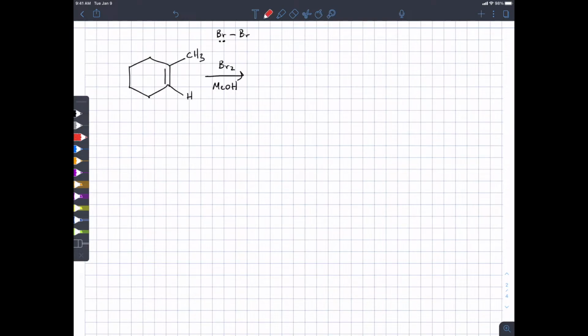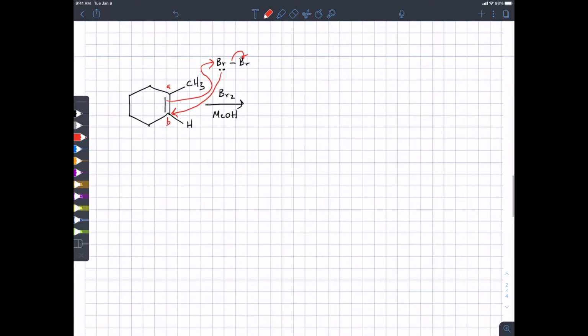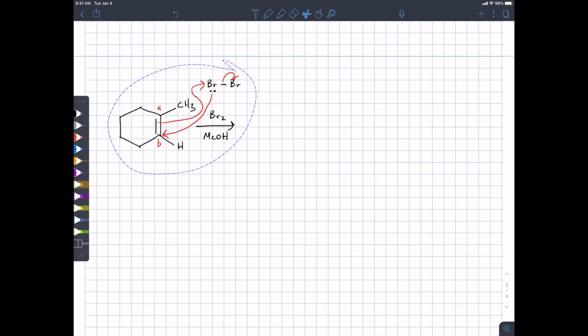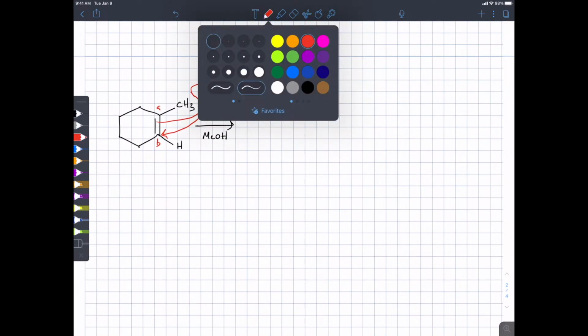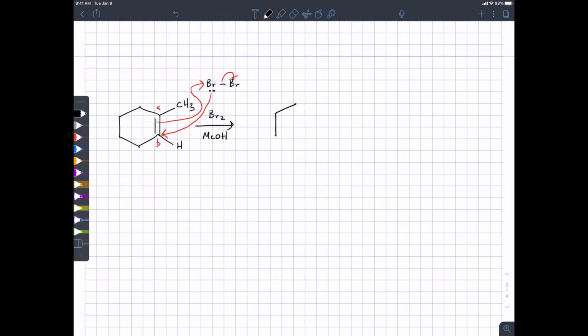Let's suppose methanol is our solvent instead of water. So in terms of mechanism, what we're going to see is we make a new carbon-bromine sigma bond with the pi electrons, and at the same time, lone pair electrons on the bromine attack the other carbon. We'll call them carbons A and B. And at the same time, we break the bromine-bromine sigma bond. That's going to create a bridged bromonium ion.